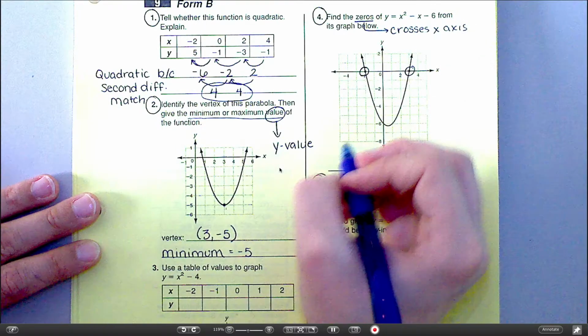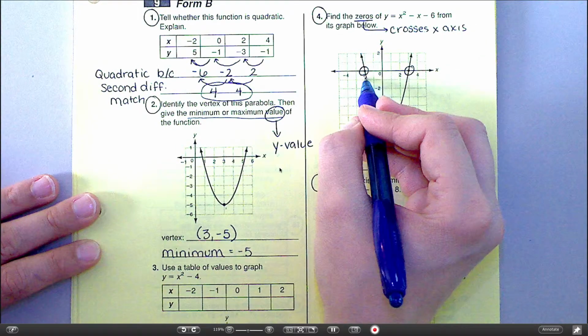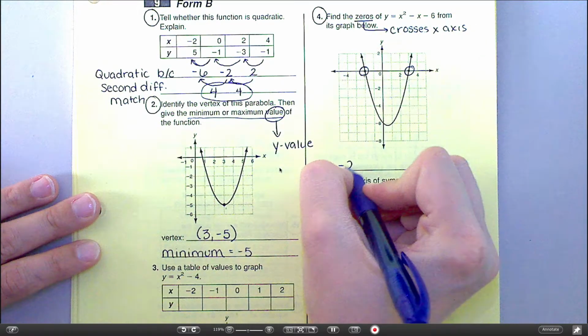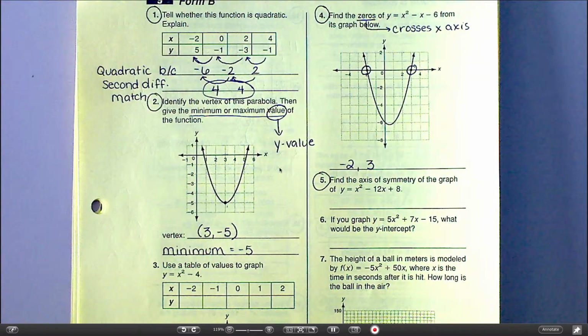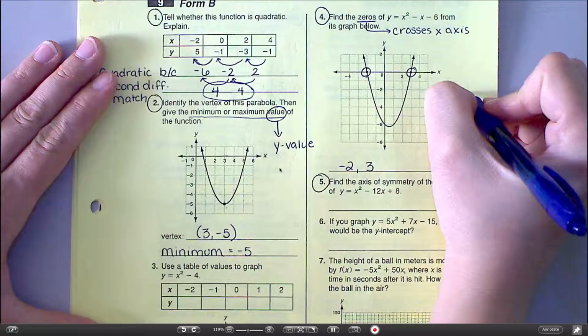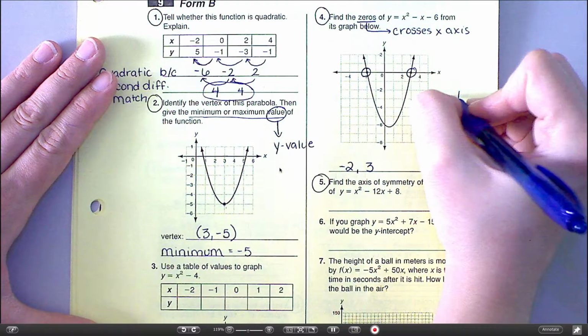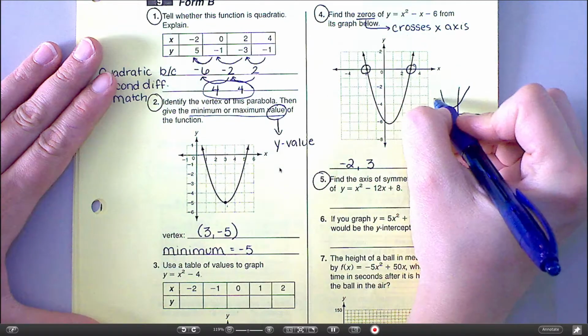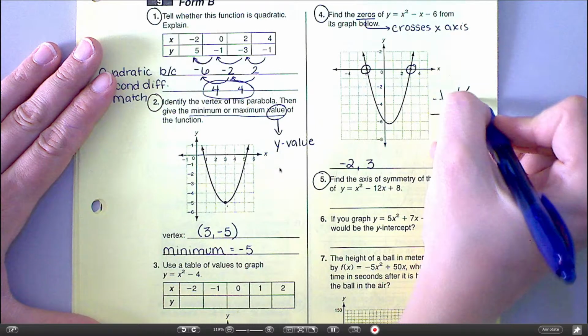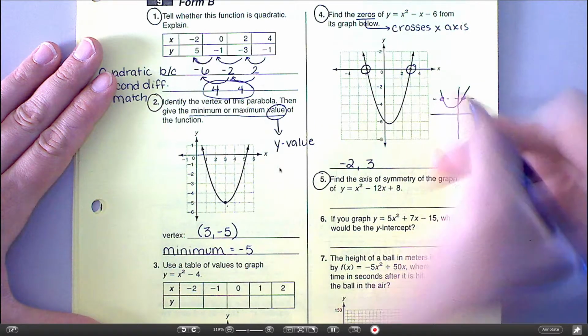So the zeros here, you're absolutely right, would be at negative 2 and positive 3. Now some of you, I remember when we took the test on this, like to make up zeros. If you have a graph that's floating up here, I've seen some of you make this imaginary line and say this is a 0 and this is a 0.